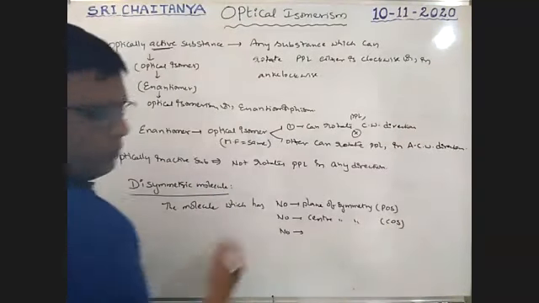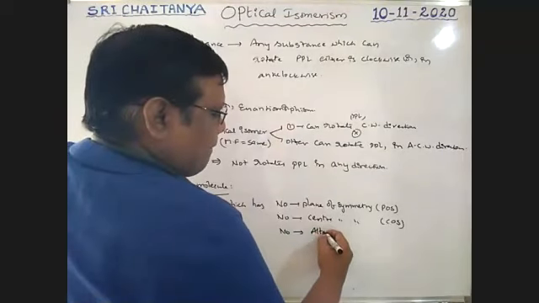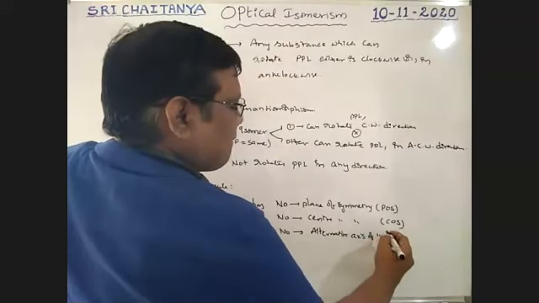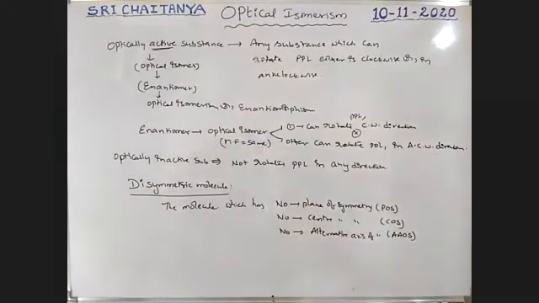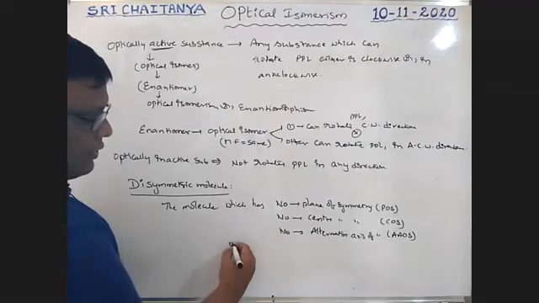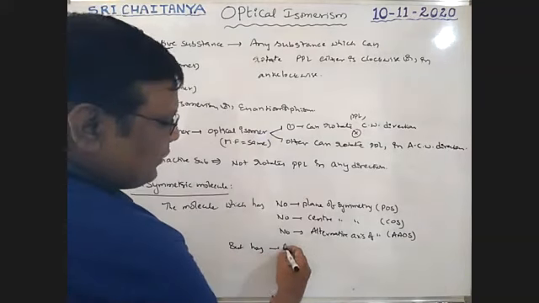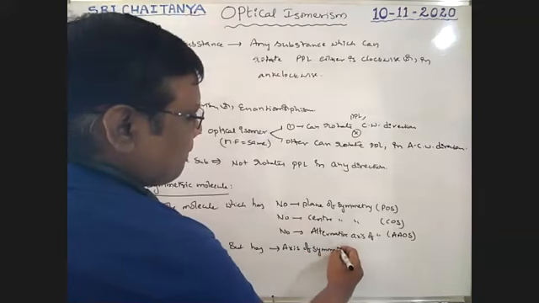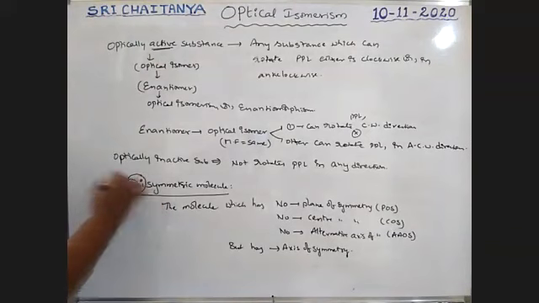No alternating axis of symmetry. But it has an axis of symmetry. So that type of molecule is called a disymmetric molecule.